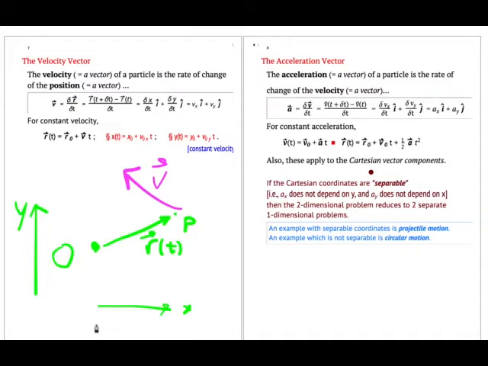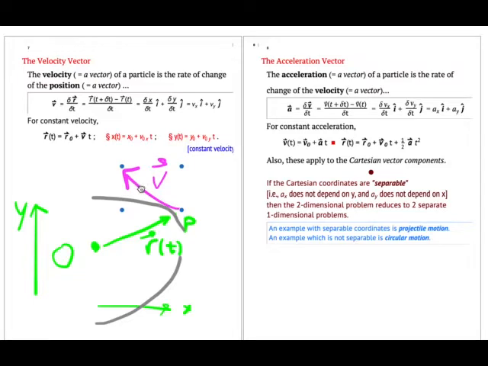Let's say it started down here, it's moving up here, then it's moving over here. Well, let's not make it quite such a drastic acceleration. Let's just say that it's moving like that. The velocity vector is tangent to the trajectory curve.